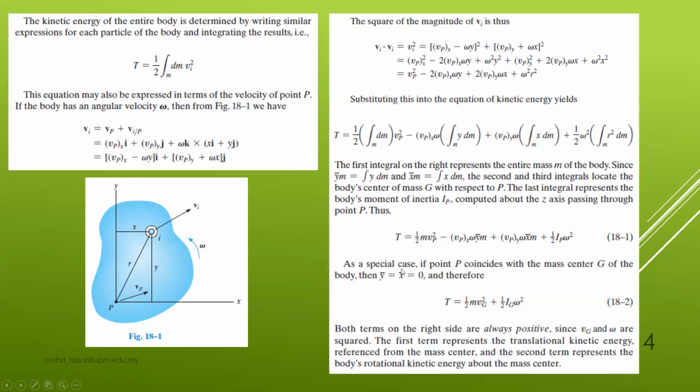As a special case, looking at this equation up here, if point P coincides with the mass center of the body, for any object or particle with mass, of course, that particular body will have what we call the center of gravity or center of mass.